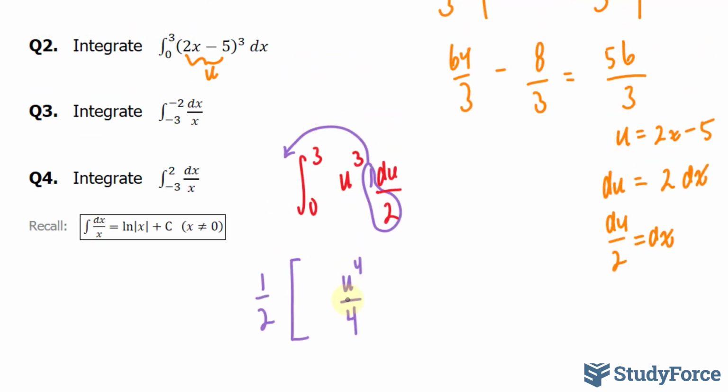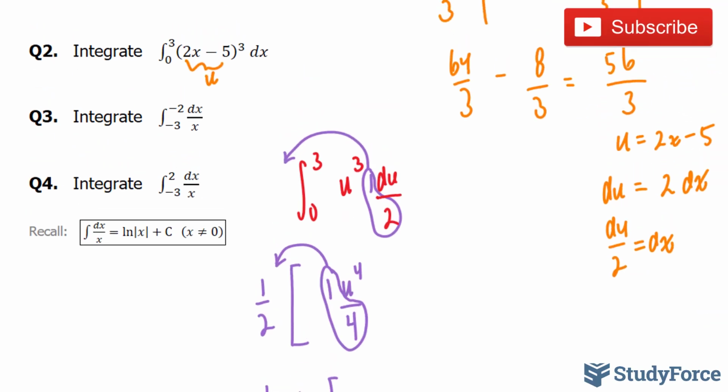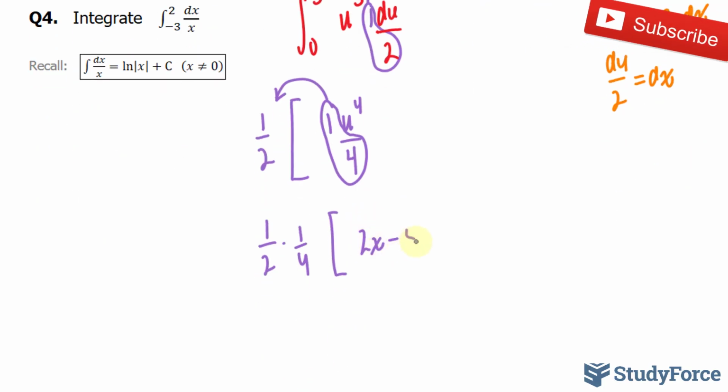Now that I've done that, I can also take out this quarter. That way it doesn't bother us as well. Leaving us with 1 over 2 times 1 over 4. U to the power of 4, that can be replaced back with what I set it as originally. And what I set it as was 2x minus 5. 2x minus 5 to the power of 4.